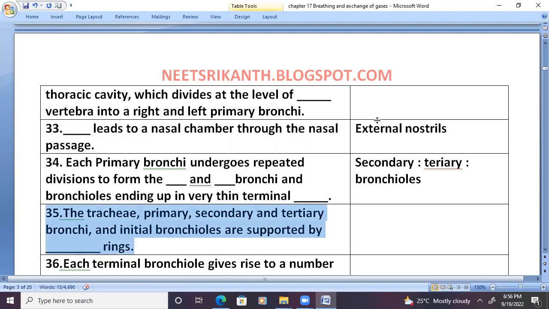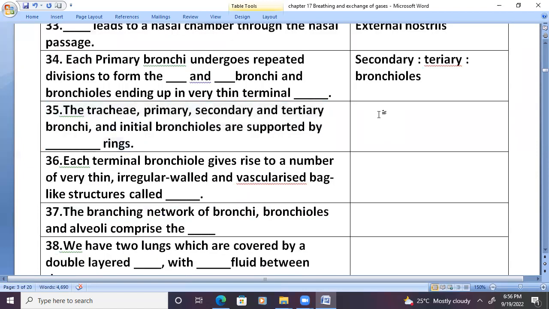The trachea, primary, secondary, tertiary bronchi and initial bronchioles are supported by C-shaped, incomplete cartilaginous rings.